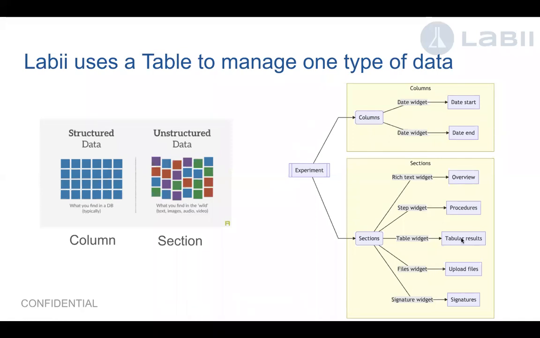Some tabular data, like Excel files, can be uploaded to this section. And other files can be uploaded directly, for example PDFs, pictures, Word documents, Excel files, all can be loaded over here. There's also a signature part, which means you guys can co-sign with each other. So that's basically an example of an experiment.